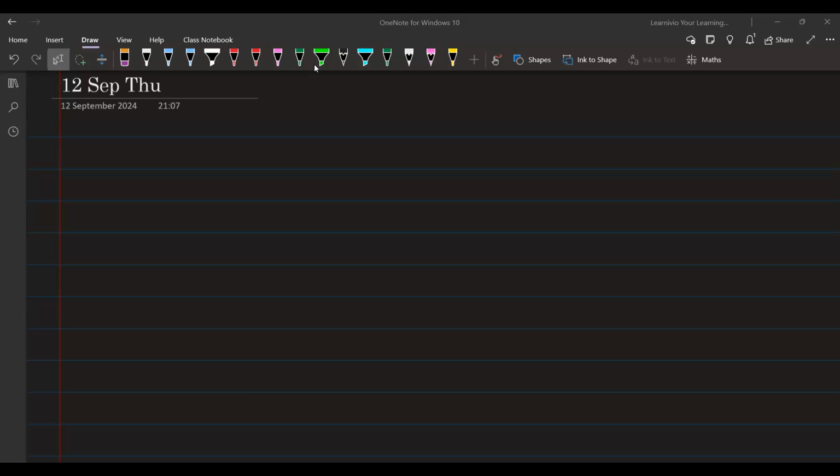Relationship between delta H naught reaction and delta H naught bond.